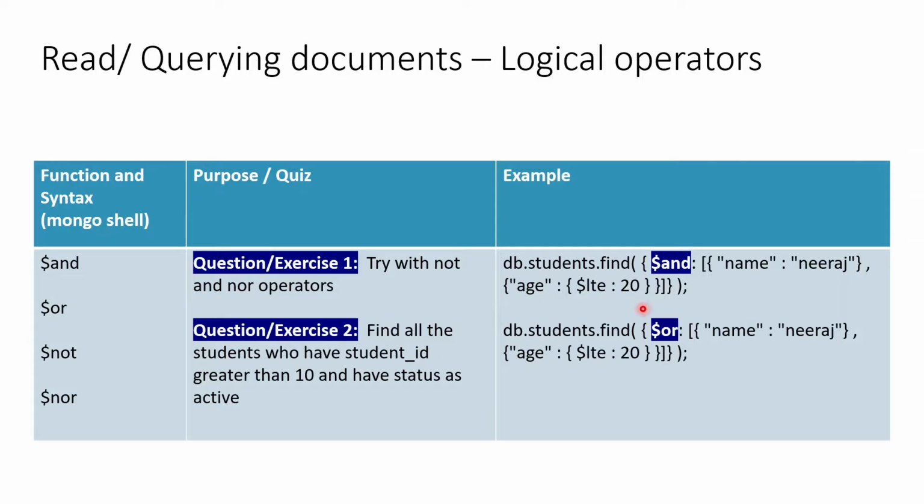Now let us have a look at the or operator as well. Now I want to see the students where the name is equal to Neeraj, or all the students where age is less than or equal to 20. In this case our results will match either the name or the age.